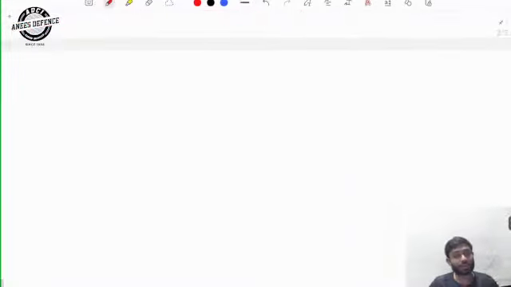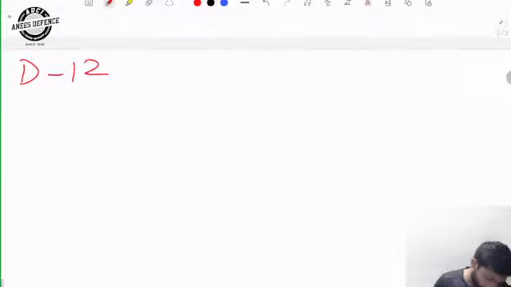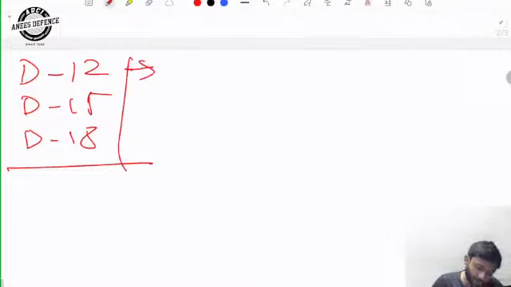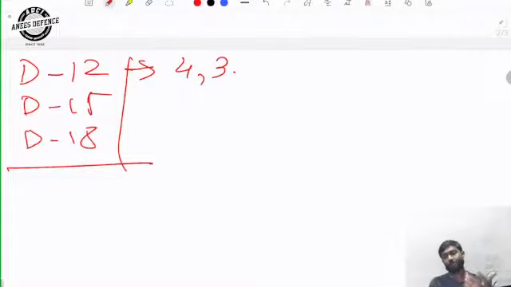There are other divisibility tests also. I will just cover them in short. Divisibility test of 12, of 15, of 18. There are such divisibility tests also. In the divisibility test of 12, any number that is divisible by 4 and 3 is said to be divisible by 12.